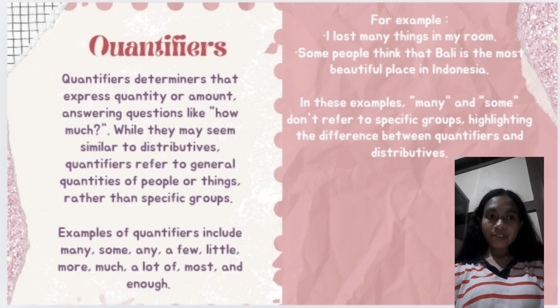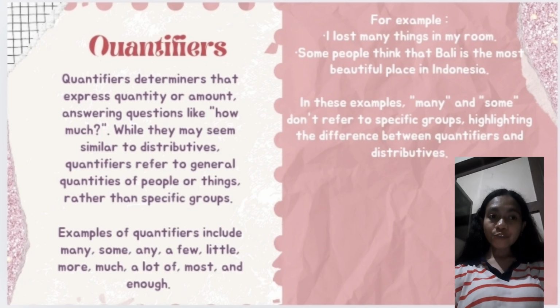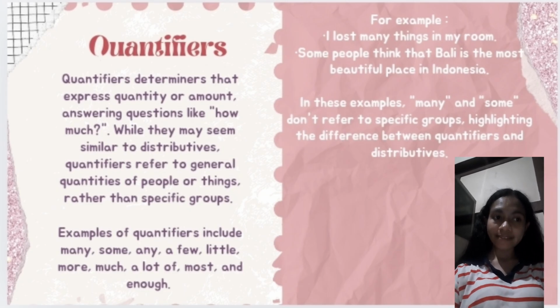Next is quantifiers. Quantifiers are determiners that express quantity or amount, answering questions like how much. While they may seem similar to distributives, quantifiers refer to general quantities of people or things rather than specific groups. Examples of quantifiers include many, some, any, a few, little, more, much, a lot of, most, and enough.